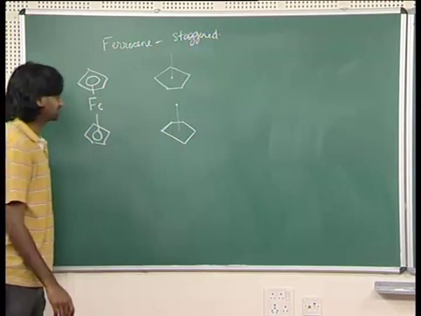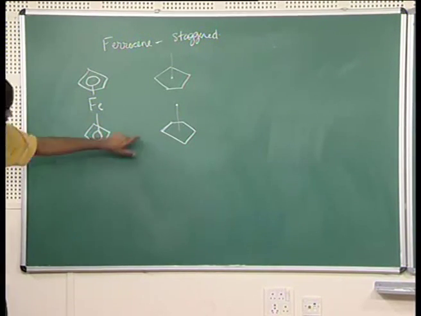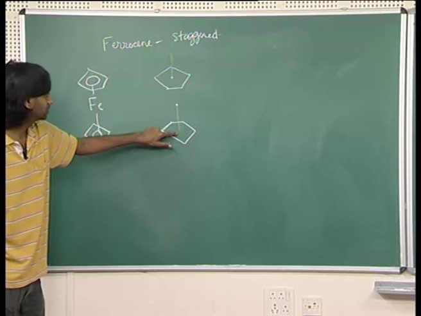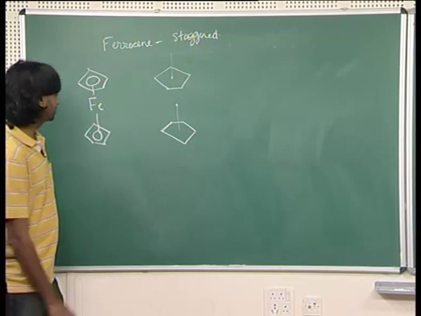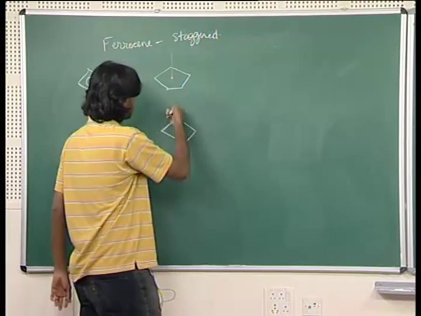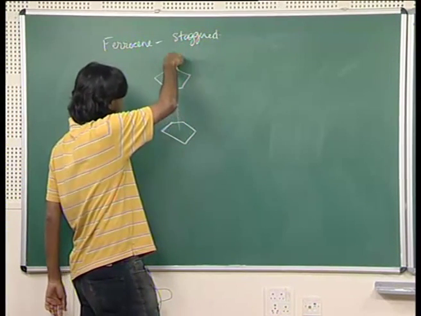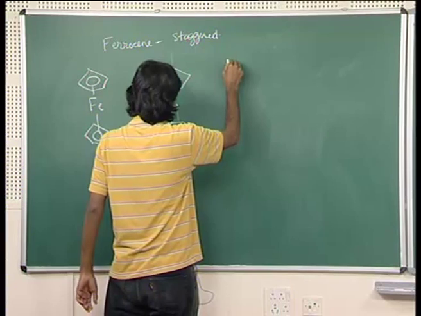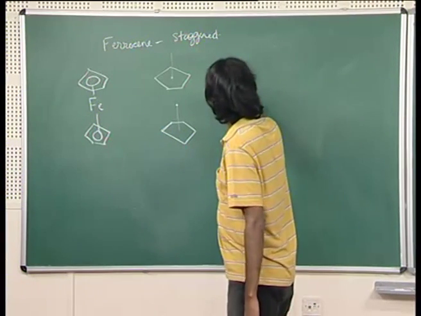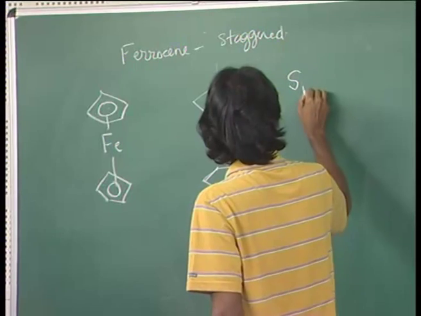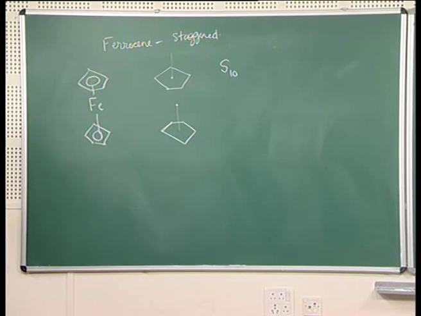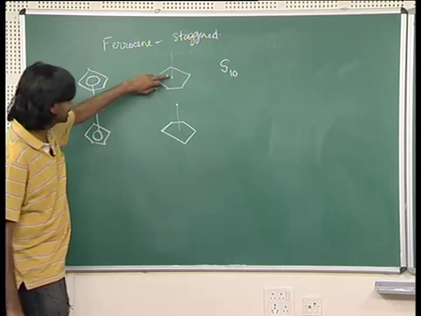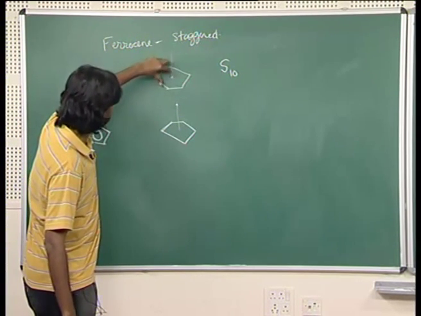Now, what are the various symmetry operations? Since they are staggered, the first thing you notice is that there should be an S10 operation. So there is an improper axis S10, where you rotate.